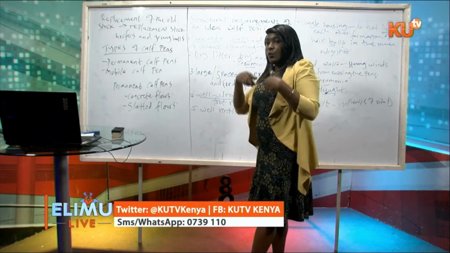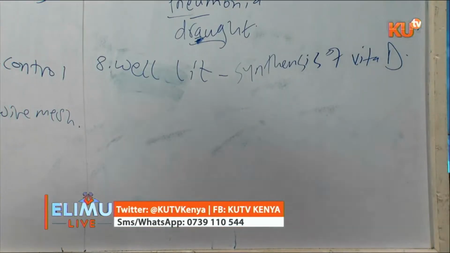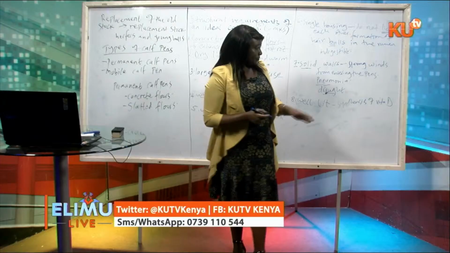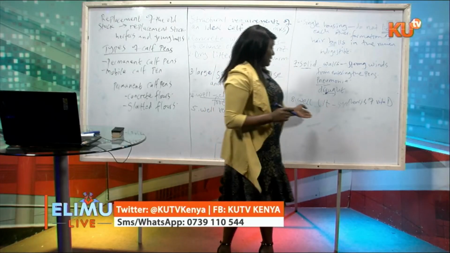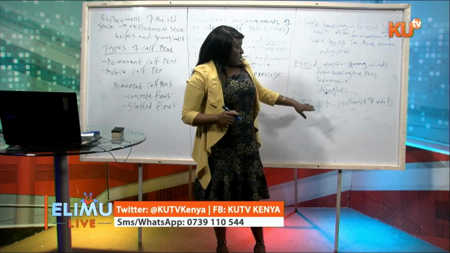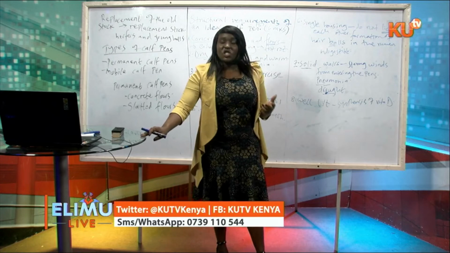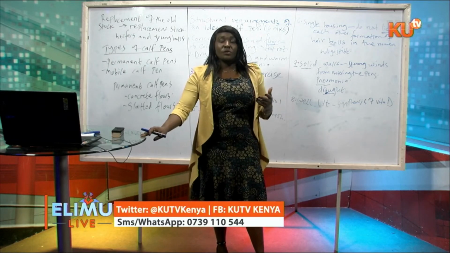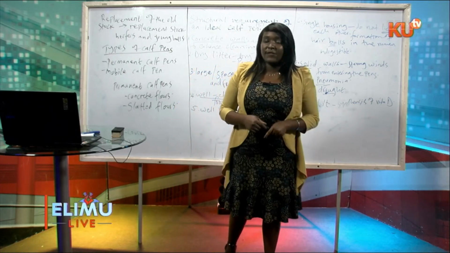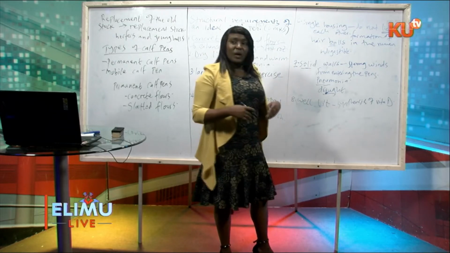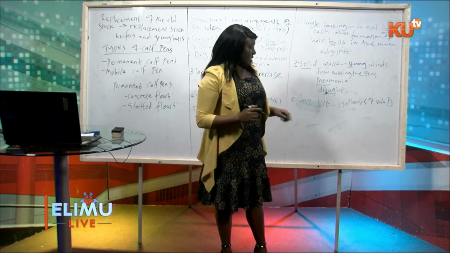And again, I would like to pose a question, and I'm expecting a response on the SMSs. What is the deficiency that is brought about by lack of enough vitamin D? Deficiency of vitamin D causes which disease, whether to livestock or to human?